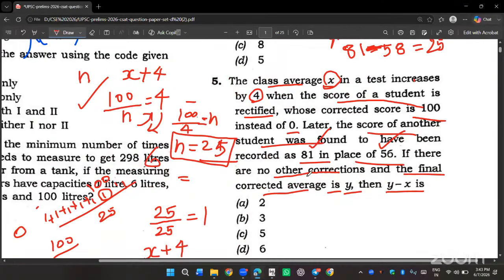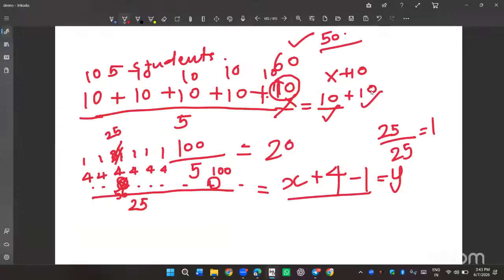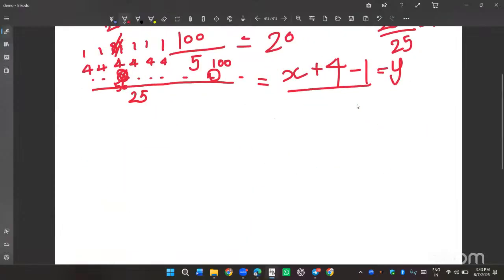Okay. The new average is Y. Then what is the value of Y minus X? Final corrected average, Y. It is called Y. Good. Now, what do they ask?